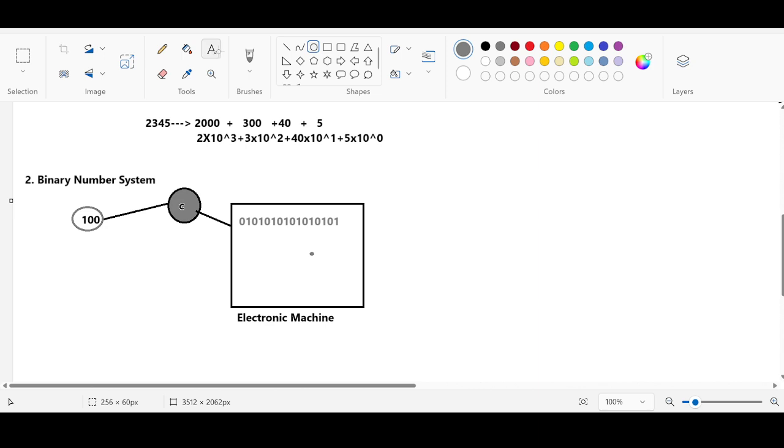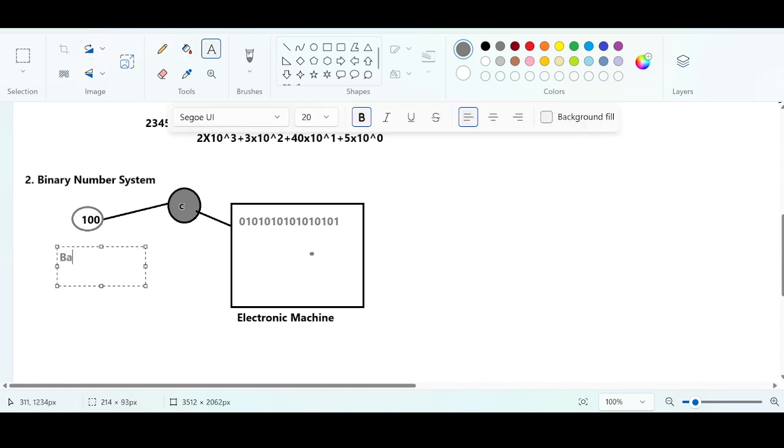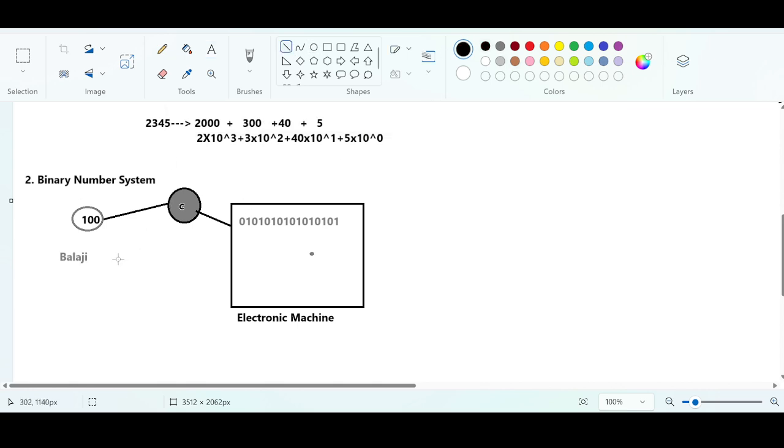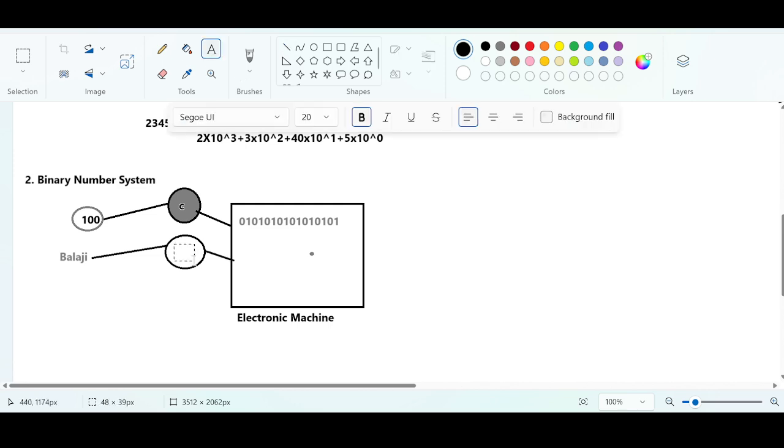Likewise, if you take any other data, not just numbers, something like a string literal Balaji, and you want to store this into the electronic device, a converter is required. This converter ensures that string data, any English words, can be converted.